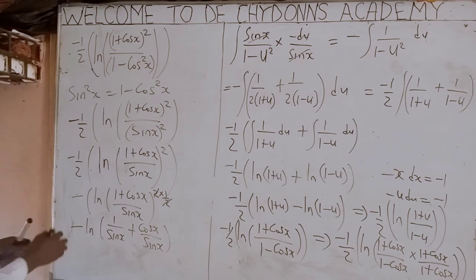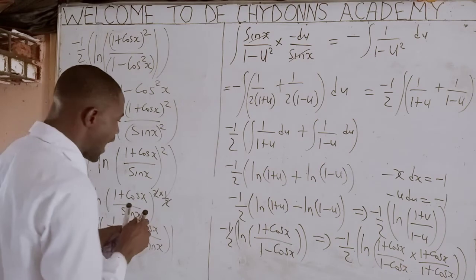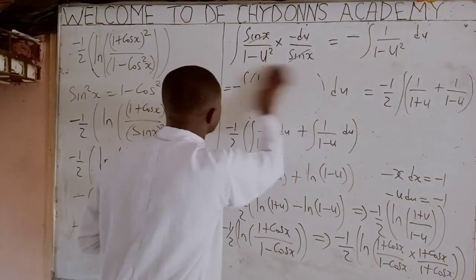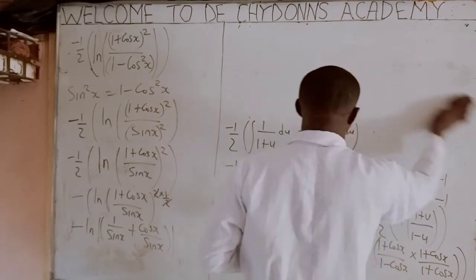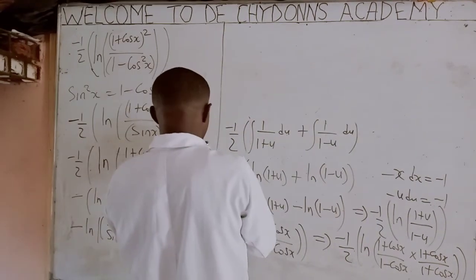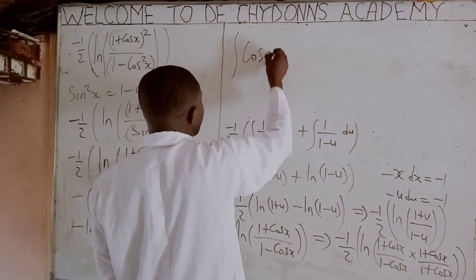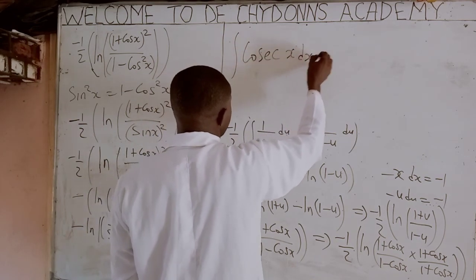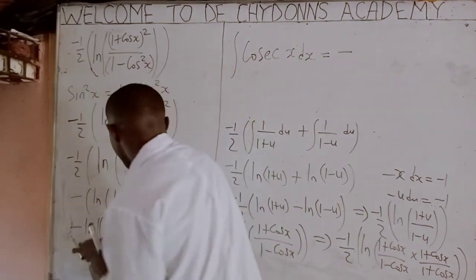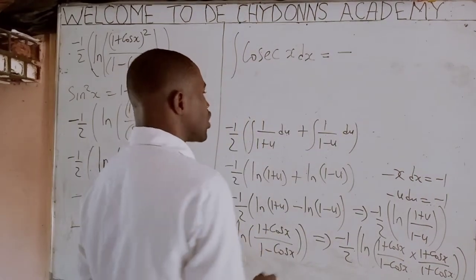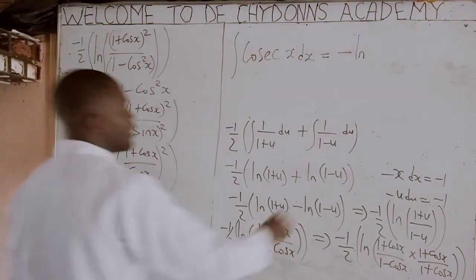So our final answer will now be, if you are asked to integrate cosec x dx, the answer is, you write minus, this minus must be there, then ln, this ln must be there.